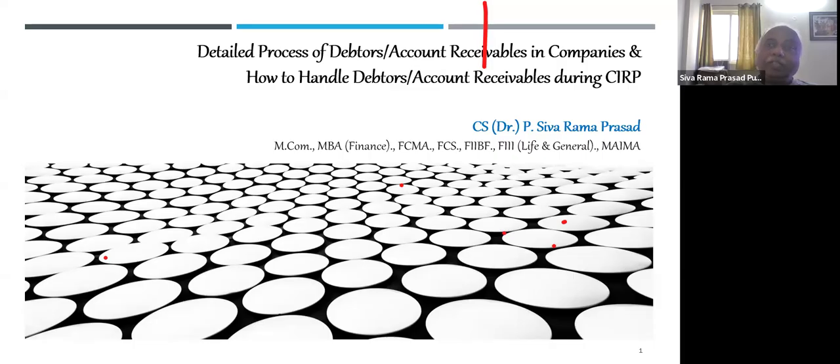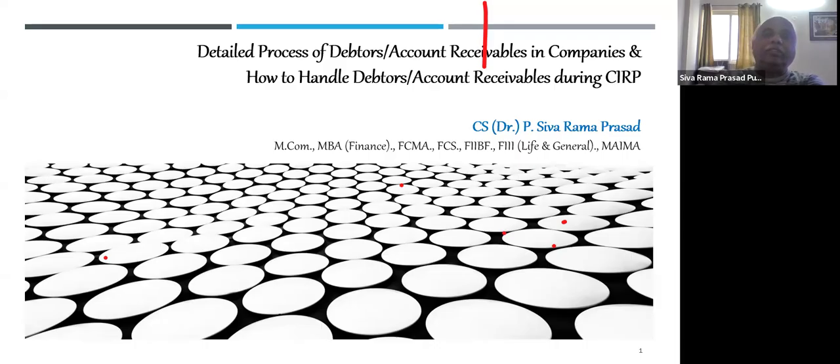On maturity, that amount is to be paid by the buyer or debtor to the company. Sometimes, if a delay happens, interest is also to be paid. It depends upon the credit agreement between the seller, that is the corporate debtor, and the buyer, the debtor.